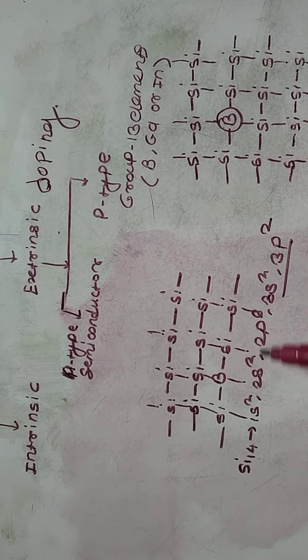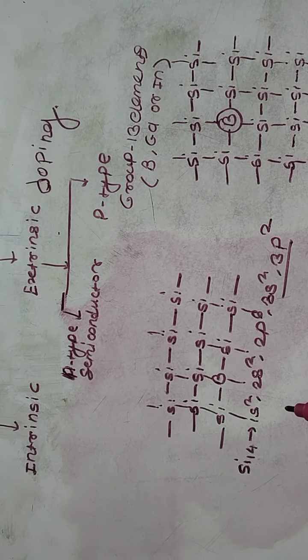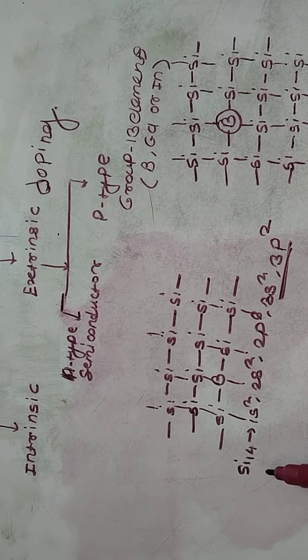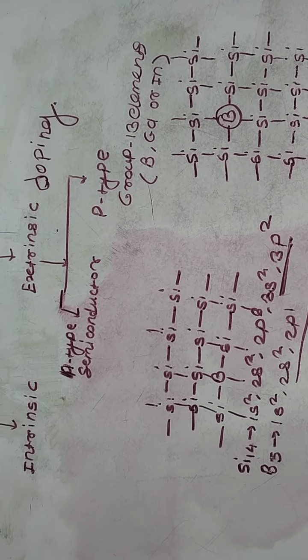You can count the total electrons: 6 plus 4 is 10, 10 plus 2 is 12, plus 2 is 14. But in case of boron, its atomic number is 5. Its electronic configuration is 1s2, 2s2, 2p1. There are only 3 electrons present in its valence shell.